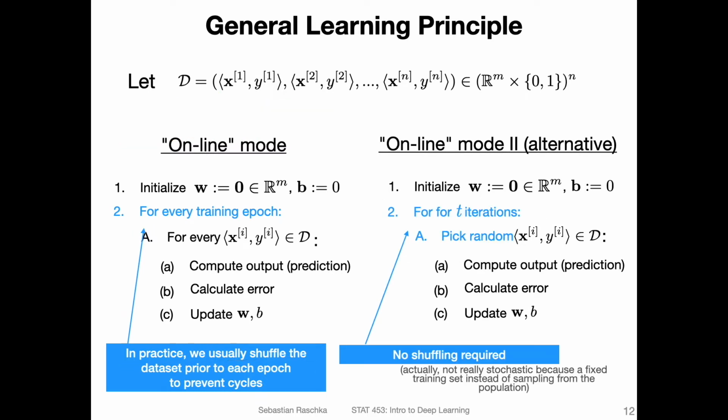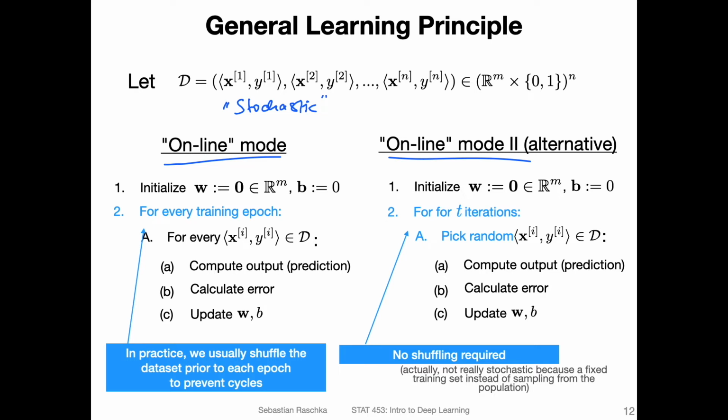I should say the online mode is sometimes also called stochastic mode, or in the context of gradient descent, which we will cover later in this course, it is also called stochastic gradient descent. There's another online mode, let's call that online mode version 2, that is also quite common, or used to be quite common.